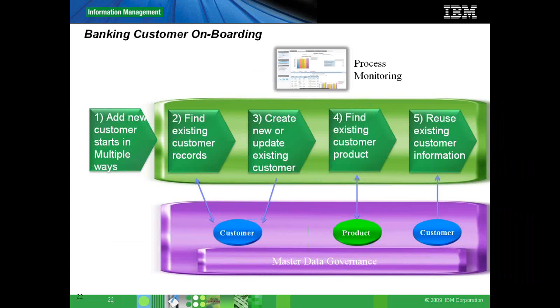Let's take an example of a banking customer onboarding process. With BPM and MDM working together, you can see the process of adding a customer has multiple steps choreographed here. In this workflow, the important step is to verify if the customer in question already exists in your system.